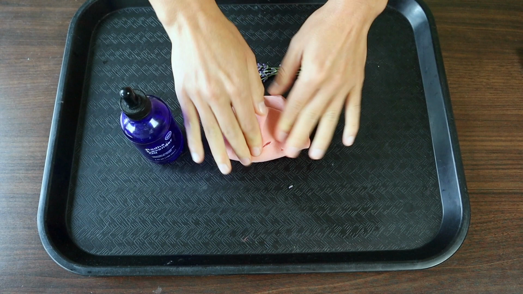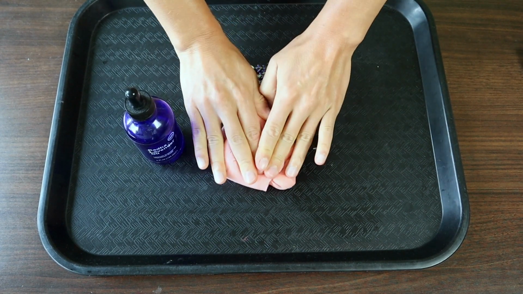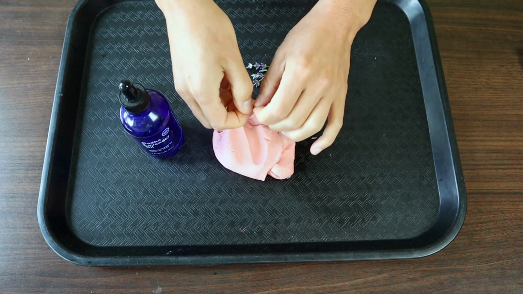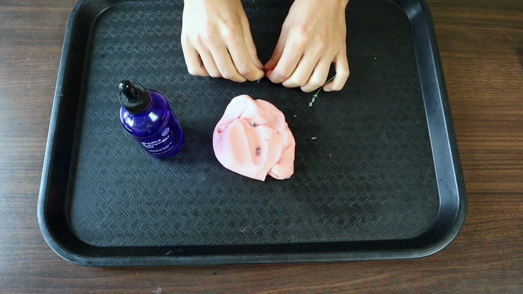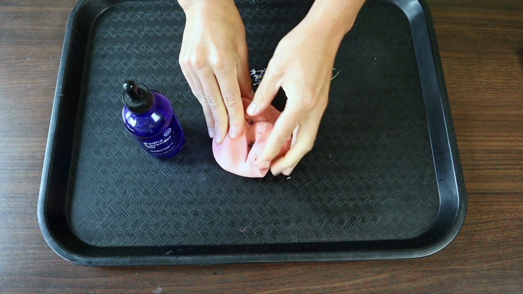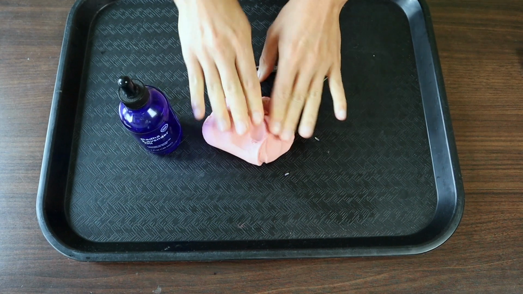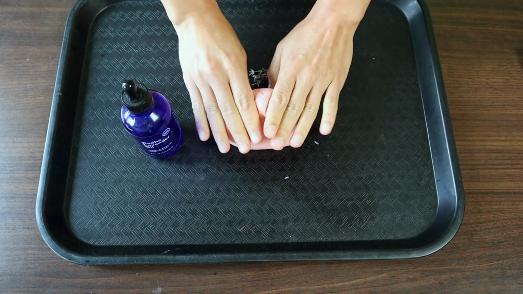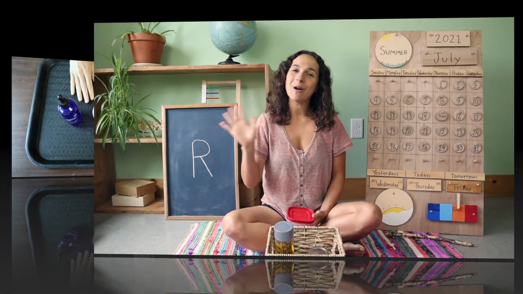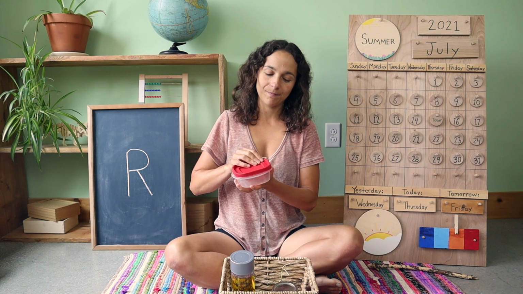And like I said, this Play-Doh lasts a very long time, so I'm just going to put it in a container when I'm all done and add it to my Mindful Toolkit. Let's get back to circle time. Welcome back to circle time, friends.